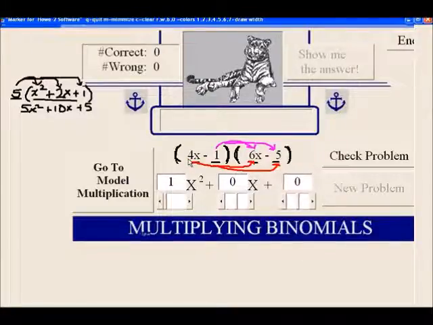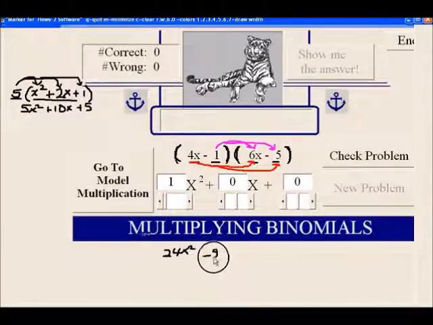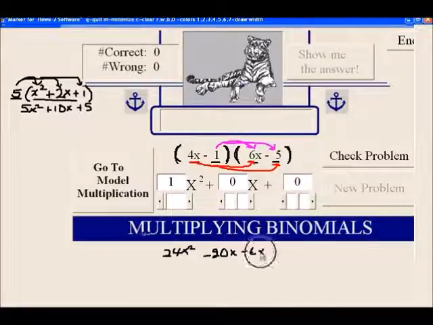I'll make that black, and 4 times 6 is 24x squared, and then minus 20x. Now it's the -1's turn: negative 6x plus 5. And then only like terms can combine.